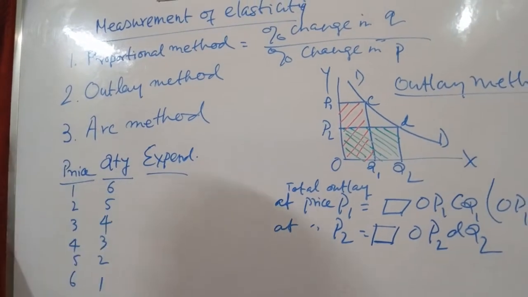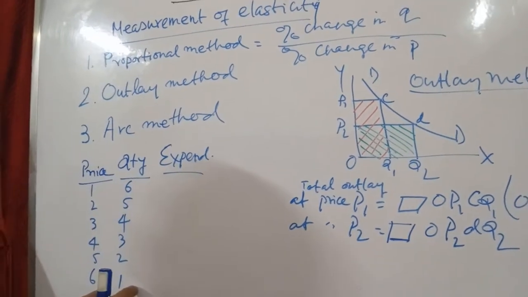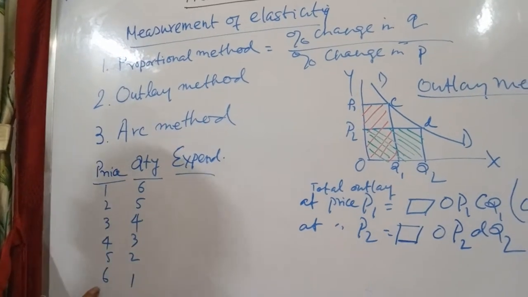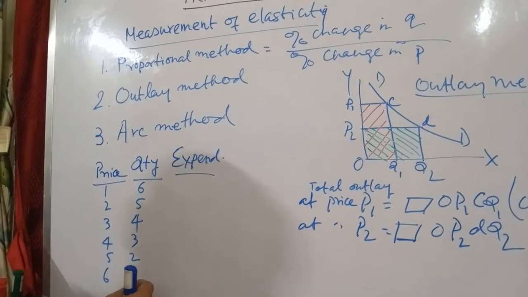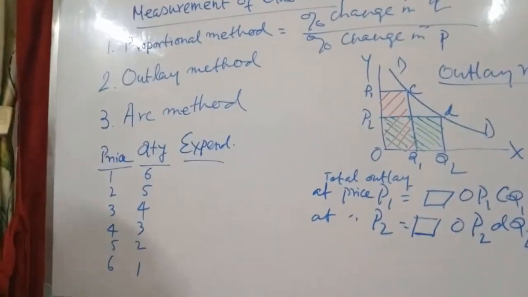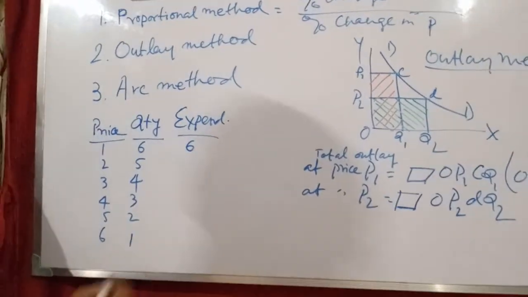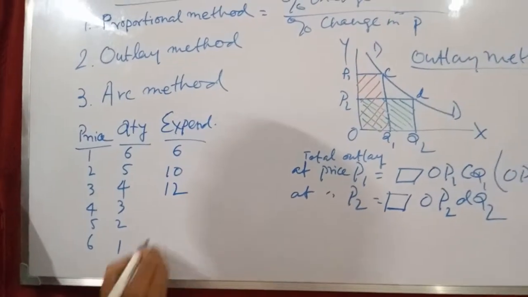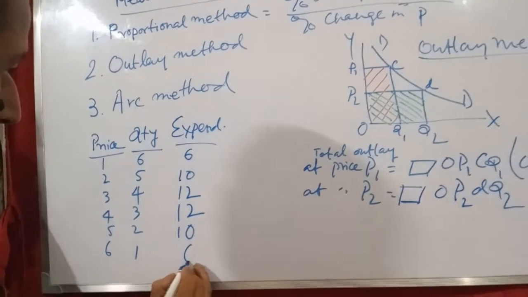This is the law of demand. When price is increasing, quantity demanded is falling. Put differently, if price falls, that is, it goes from 6 to 1, quantity demanded increases from 1 to 6. So what is total expenditure? Here it is 6, here it is 10, here it is 12, here it is 12, here it is 10, here it is 6.